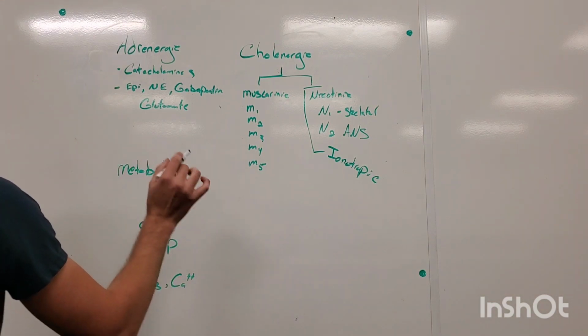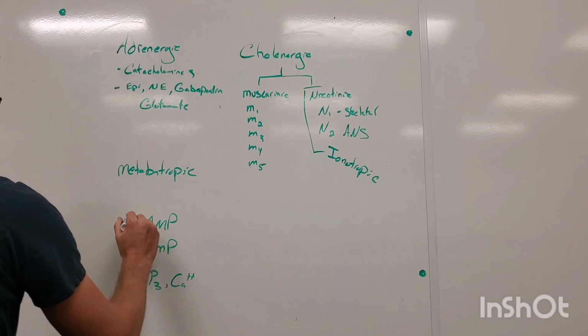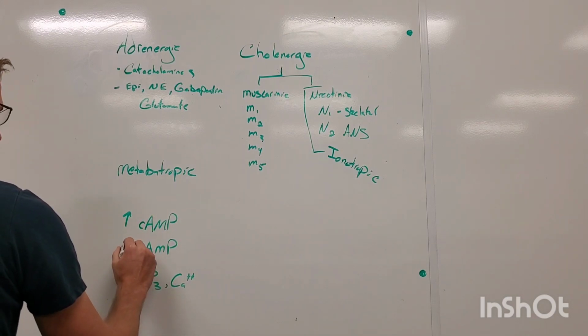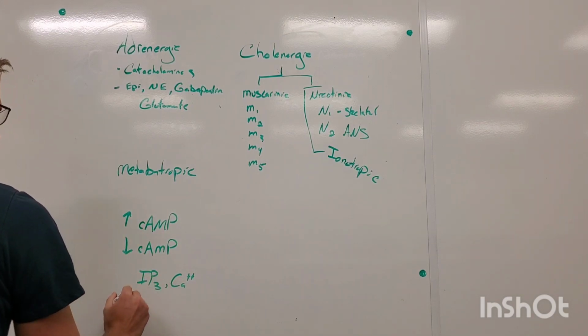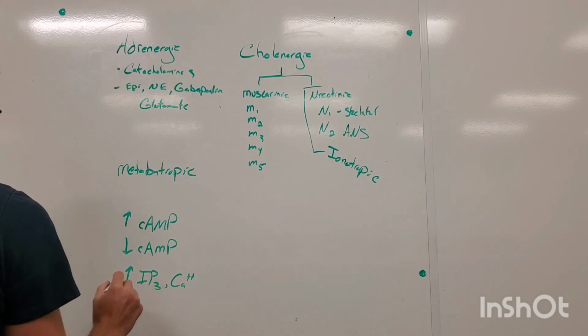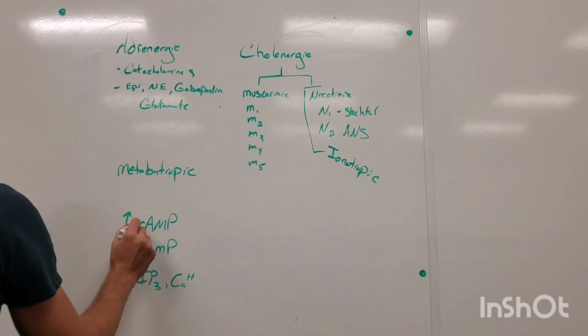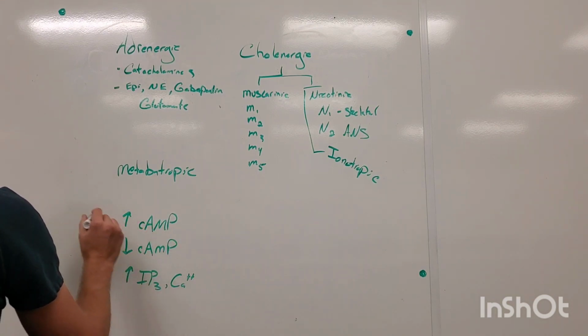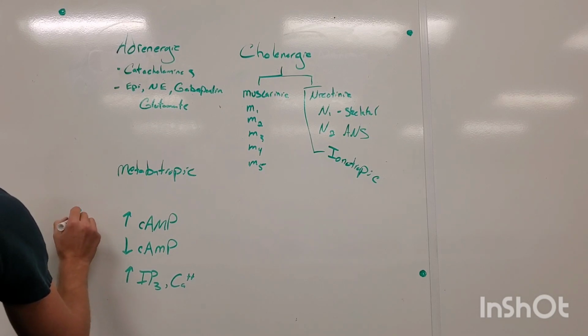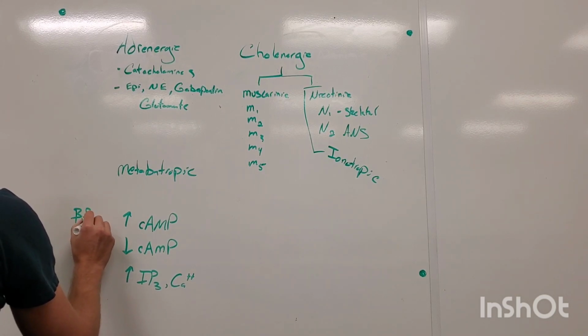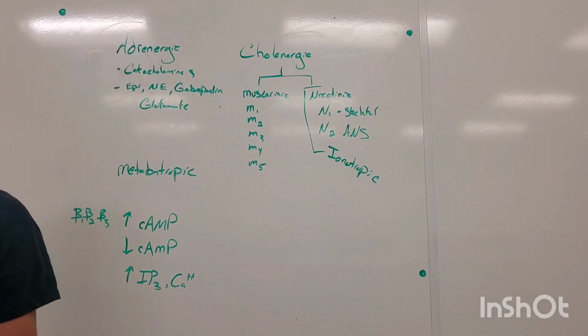So we can look at these and we'll remember that a couple will cause an increase in cAMP, a couple will cause a decrease in cAMP, and a couple will cause an increase in IP3 and calcium. So the ones that cause an increase in cyclic AMP are going to be our beta receptors. So beta 1, beta 2, beta 3.